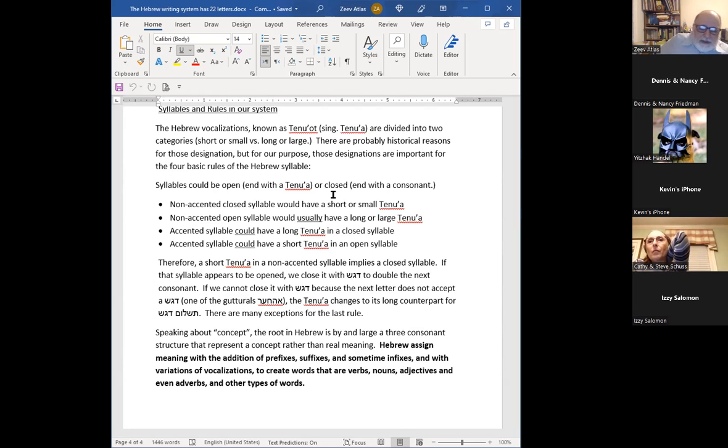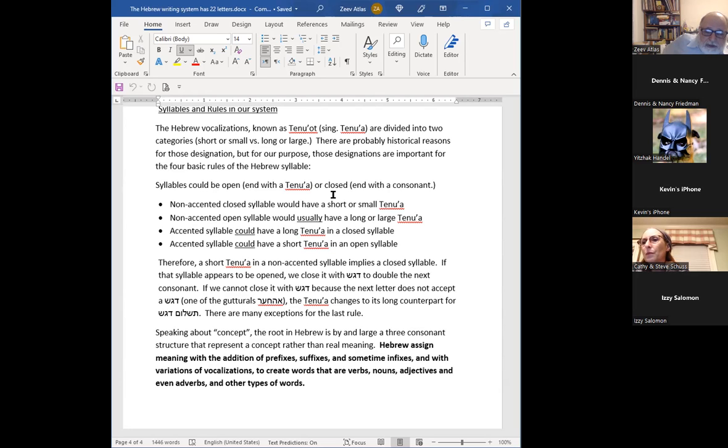So remember, the alphabet is consonants. When we apply a vowel or tnua to the consonant, we get a syllable. There are two types of syllables. This is correct for English as well. There are syllables that end with a vowel, like the word "to" in English.